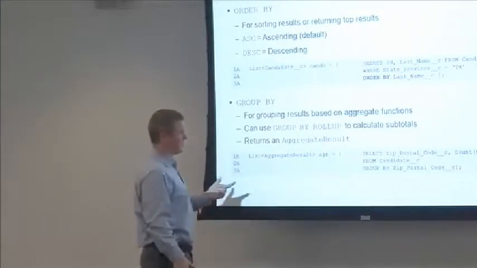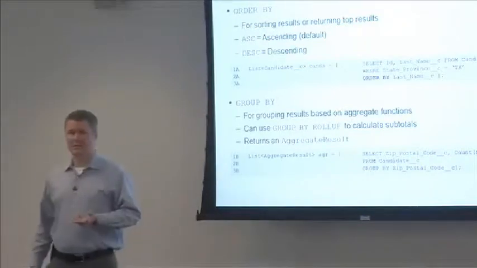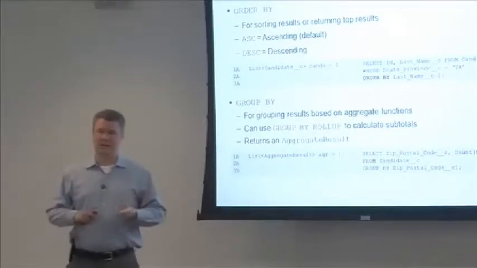On this AggregateResult, using the SObject methods that we talked about previously, get and put, if I want to access the subtotal that was calculated, let's say I called each of my aggregate results ar. I would do ar.get and then access the string expr0 and then cast that into whatever data type, in this case an integer, that was being calculated.